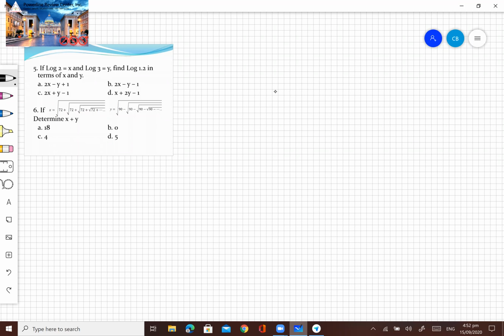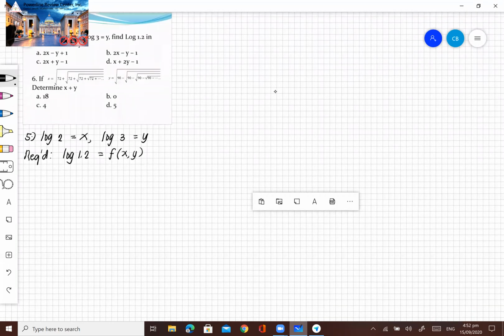We are asked to evaluate the logarithm of 1.2 and express the answer as a mathematical equation whose variables are x and y.